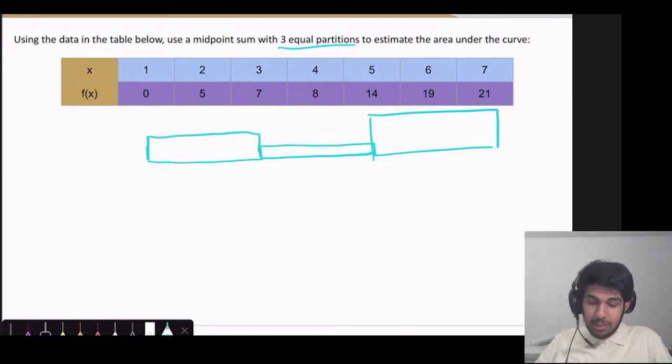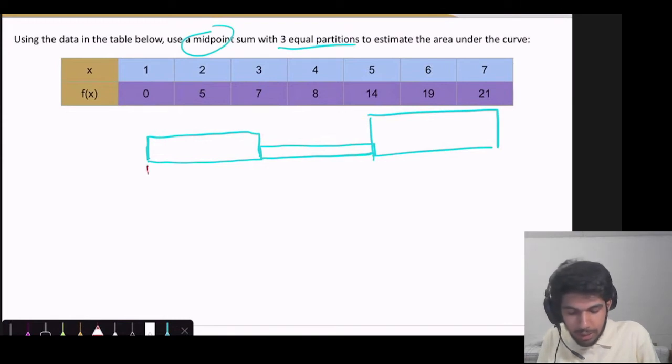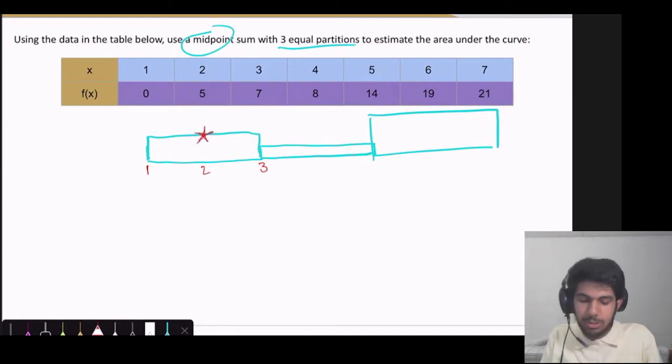What's great about it is we're using a midpoint sum. And the midpoint of this first rectangle, if we start at 1 and end at 3, will be at 2. So that means this point here touches the function, just by definition of the midpoint sum. Similarly here, on the second rectangle, the midpoint will be at 4, so that touches the function.